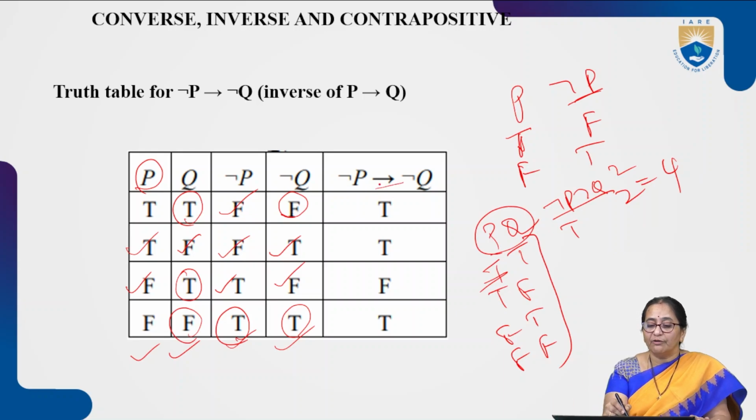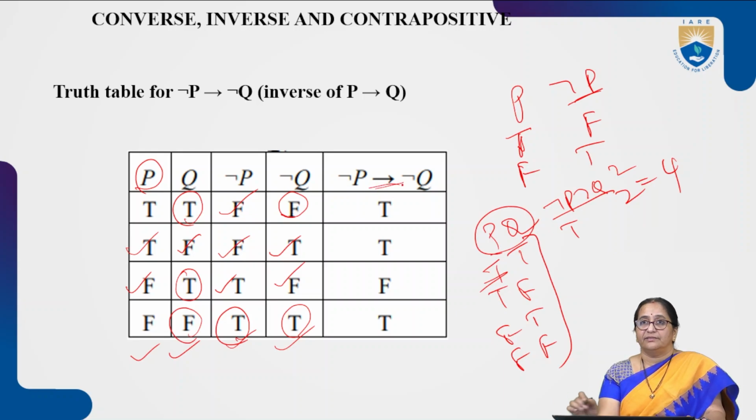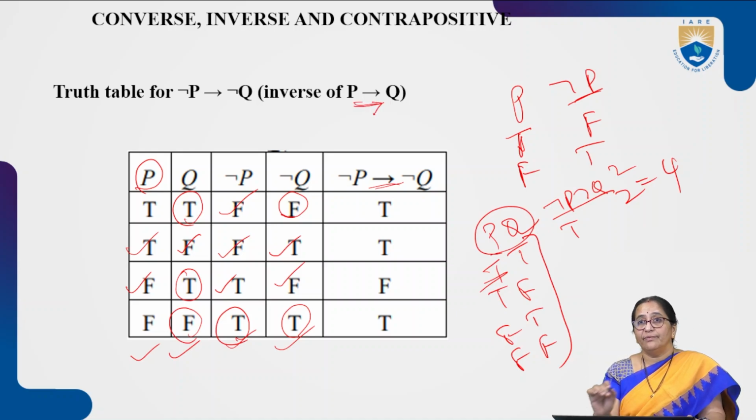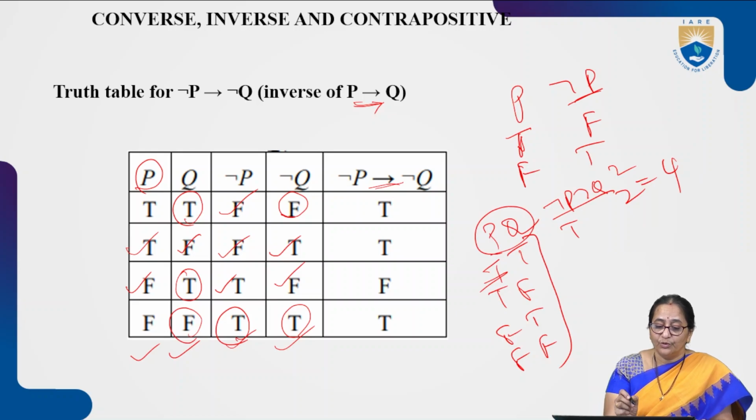Okay, P to Q. Now we are just applying negation P to negation Q. In that case, we have only one combination we need to oppose, that is the TF value.